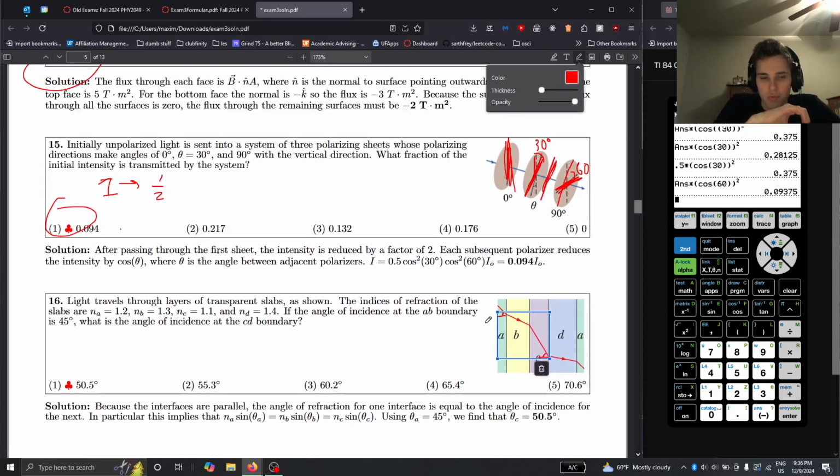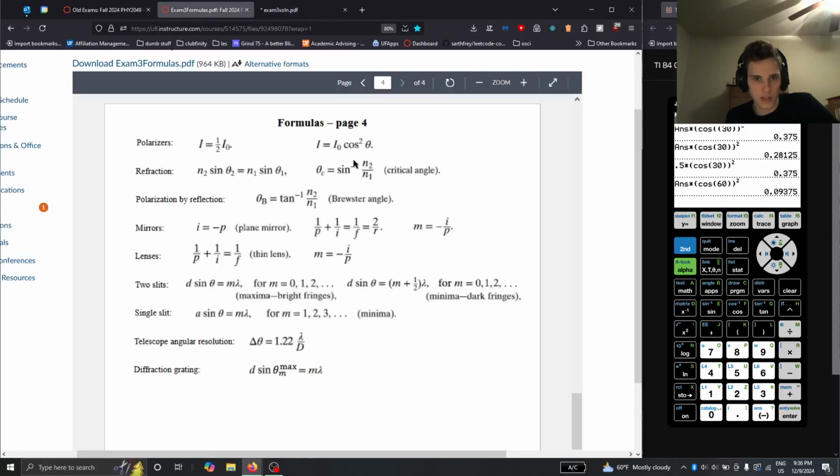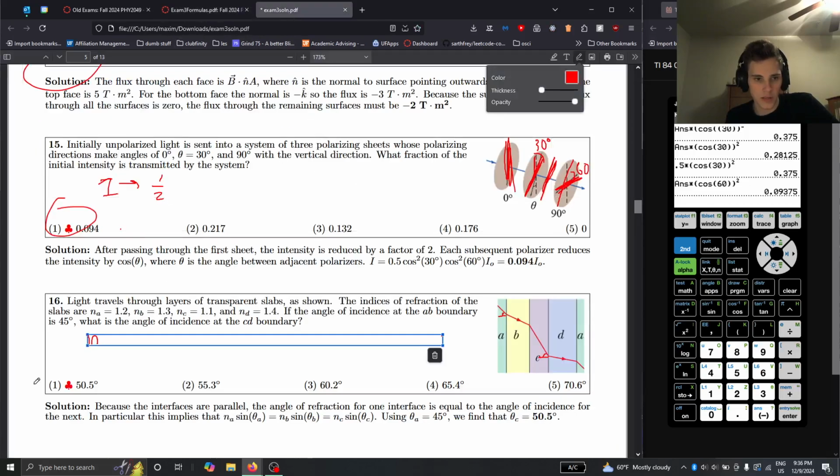So let's start by doing this the dumb way. When we solve with Snell's law here, we can just go step by step. We'll start in A, which is NA, and then sine of 45, because that was given.